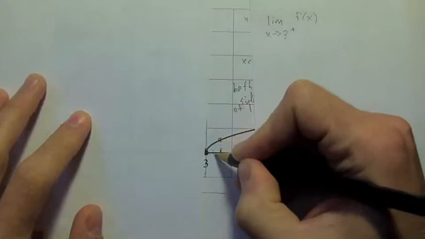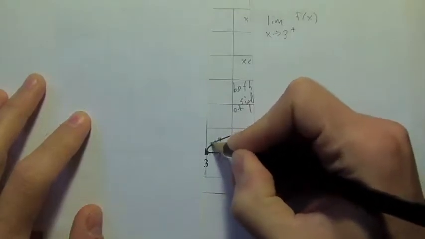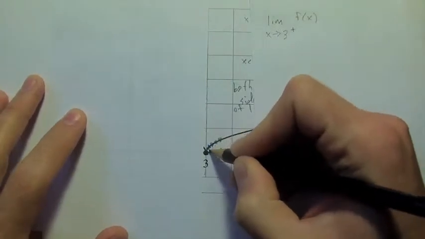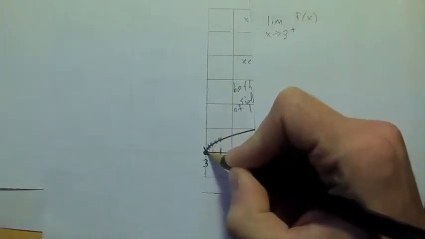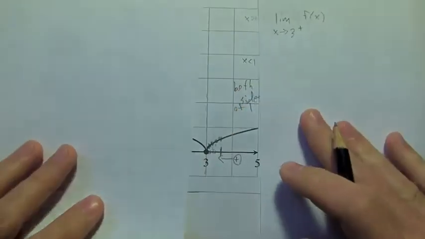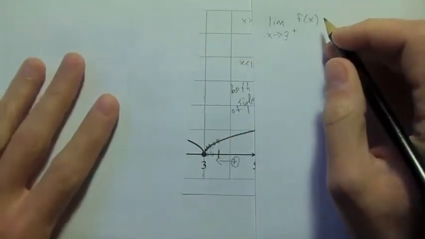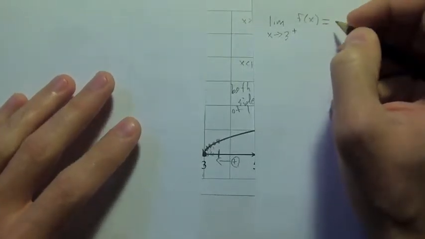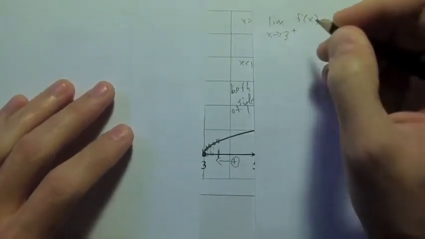We map this up, and the points I'm plotting on the graph are getting closer and closer to this point here. And that y value is right on the axis, so it's 0. So the limit from the right as x is going to 3 is 0.